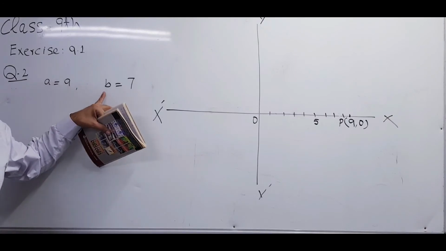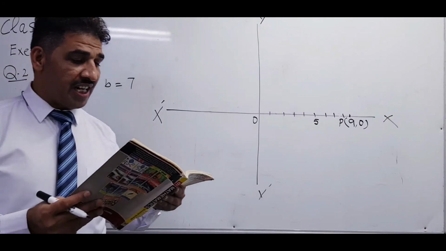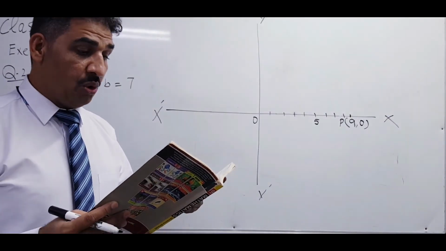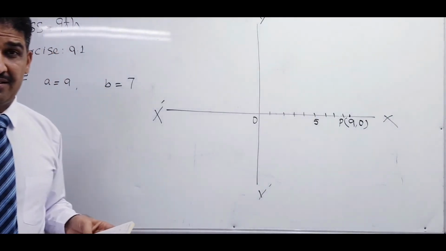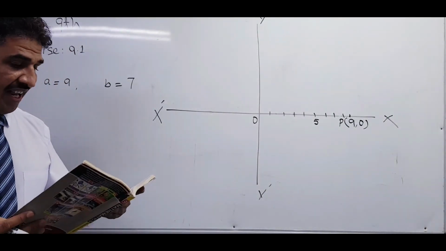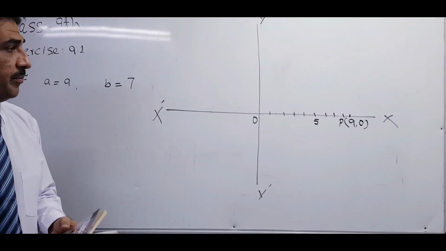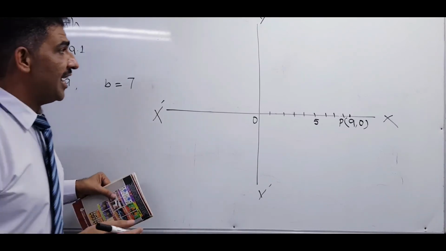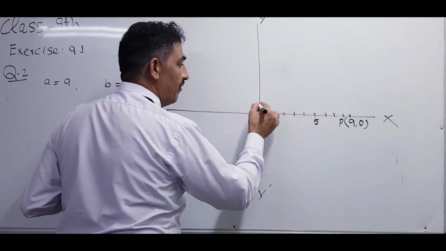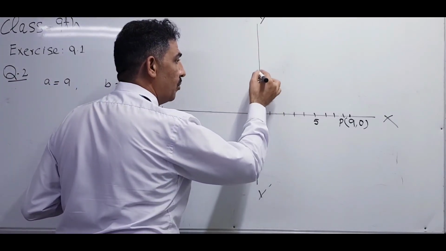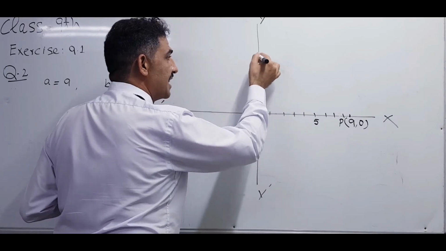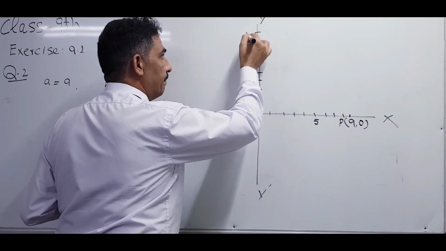The value of B, according to the statement: Q is the point on the y-axis. Where is that Q? On the y-axis, and its y coordinate is B. And what is the value of B? 7. Like there is a y coordinate 1, 2, 3, 4, 5, 6, 7, 8, 9, 10.